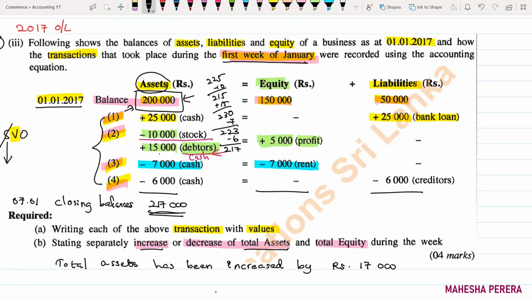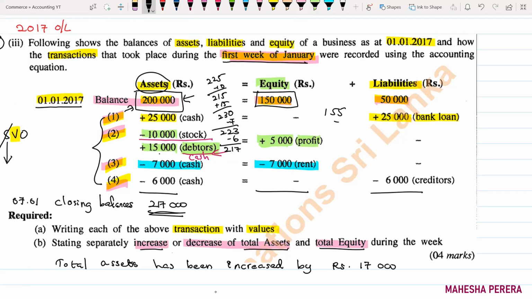Okay? Then again we need to find what has happened to this total equity. So let's see. The opening balance of equity is 150,000. Then it is increased by 5,000. So it has to be 155,000.